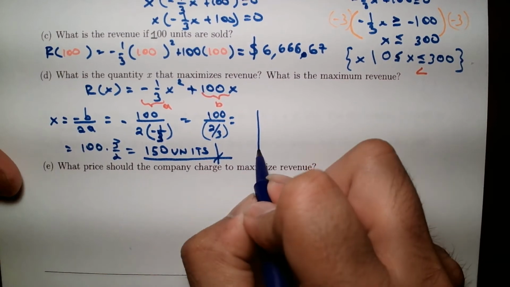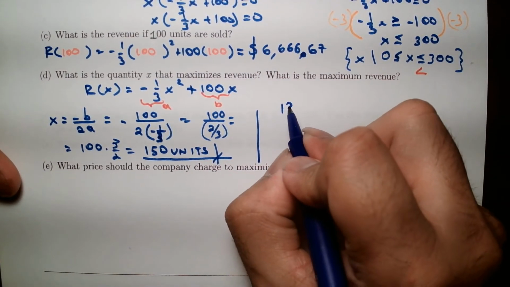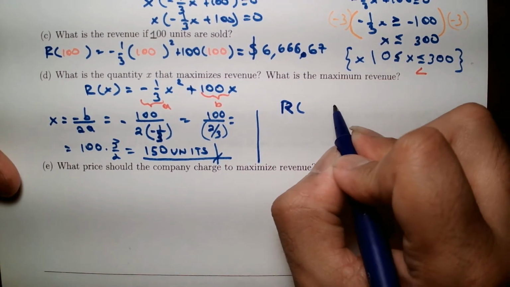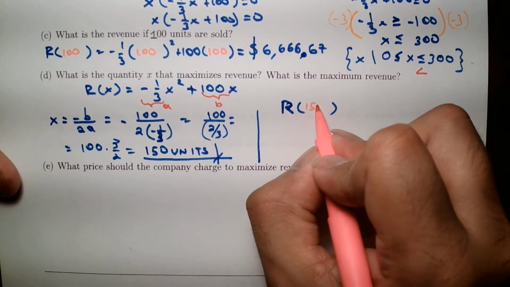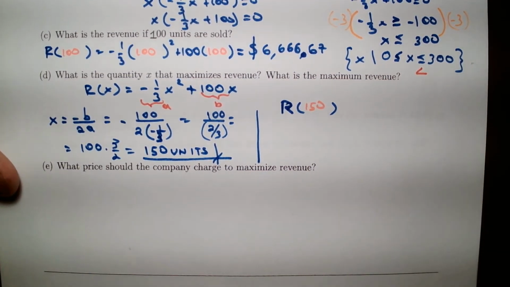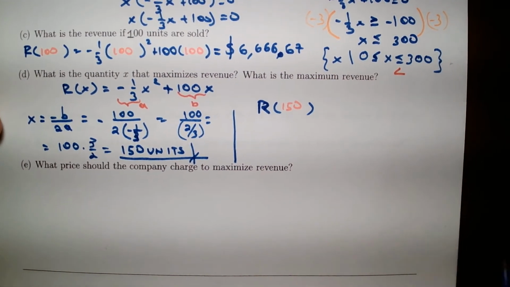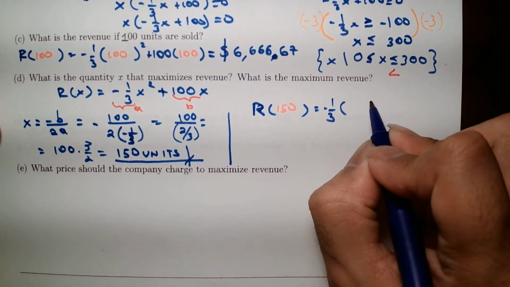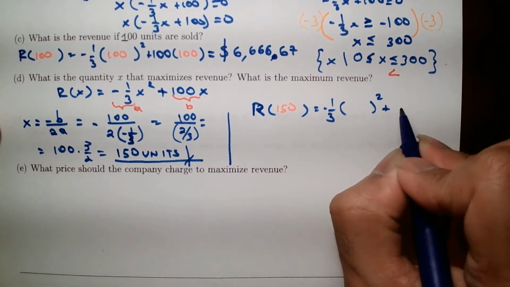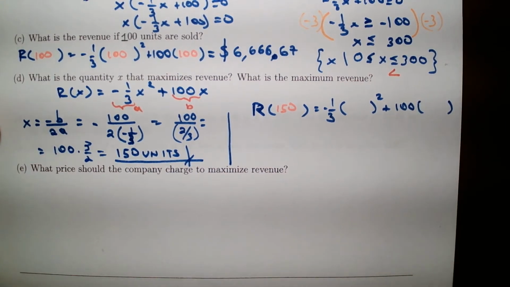Now we need to find that maximum revenue. All we do is plug in 150 into our original function. So that's going to be negative 1/3 times 150 squared plus 100 times 150.